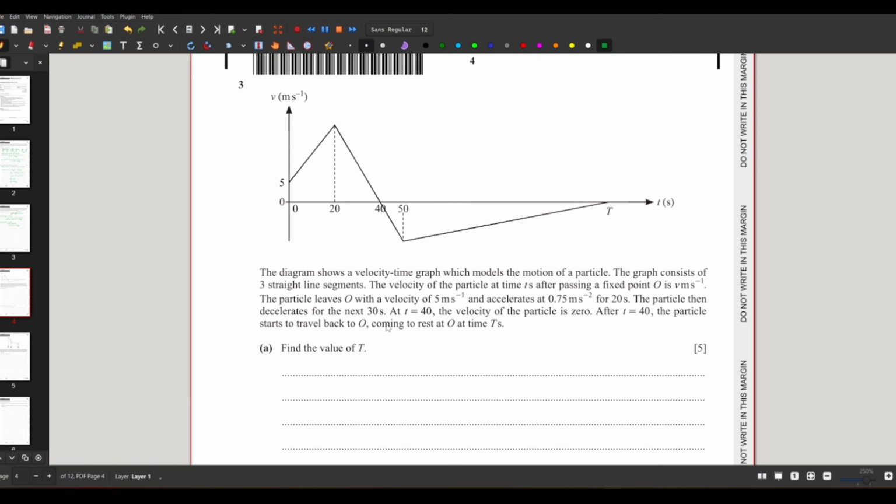So after capital T time, this particle came back to the original position.